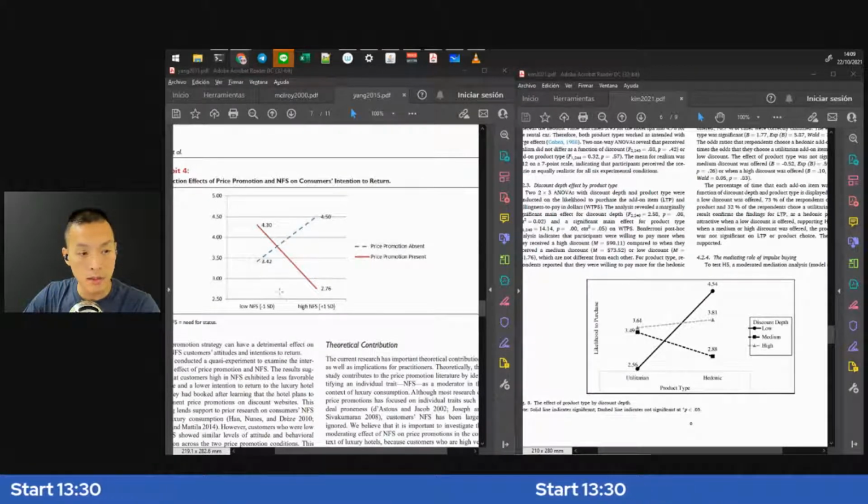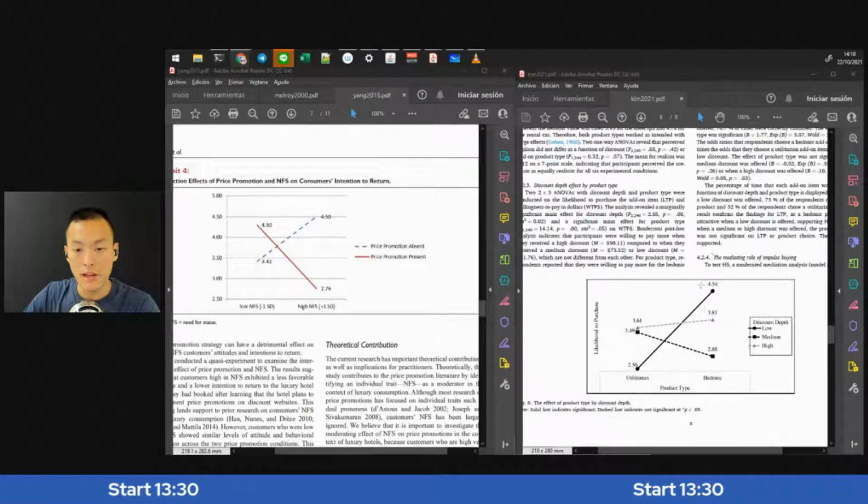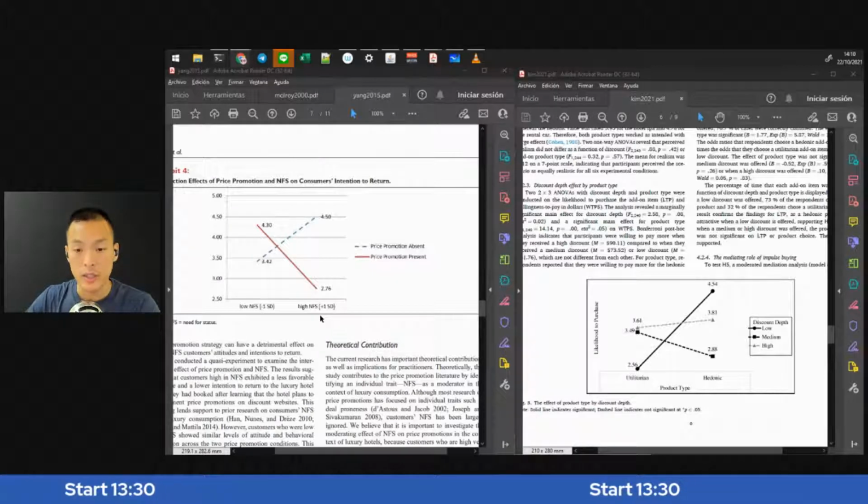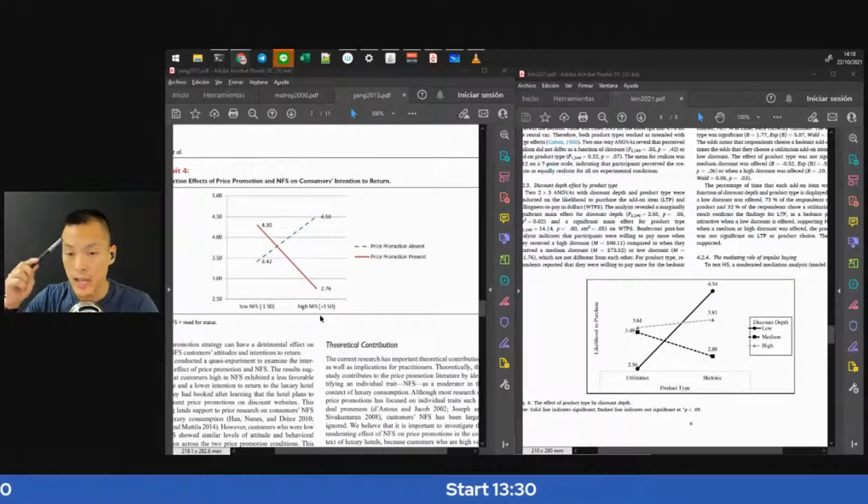And then you have this plot of lines in the middle that shows the changing level of customer satisfaction when you change product types. So if you are a researcher in the hospitality industry, you know immediately that this is the standard way of presenting this type of data. So just from reading these two papers, it gives you information to improve your writing in the future.